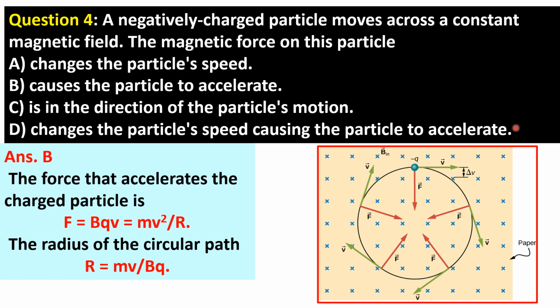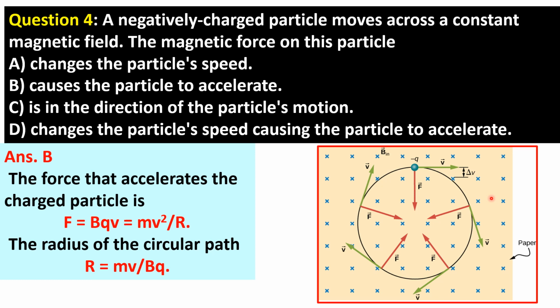Why? If we look at our illustration, we can imagine that the direction of the magnetic field is into the screen. That's why you see here the symbol cross or X. These several X's or crosses represent the direction of the magnetic field that is away from the reader, into the screen.